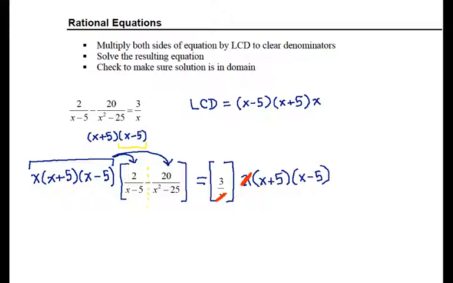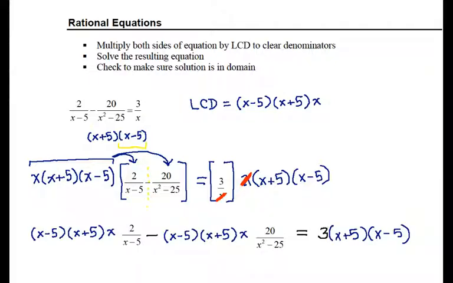I don't want to do that on the left because the cancellation will be different for each one of these terms. I'm going to write this out the long way by writing the LCD with each of those rational terms this first time through, just so that we can see what happens.